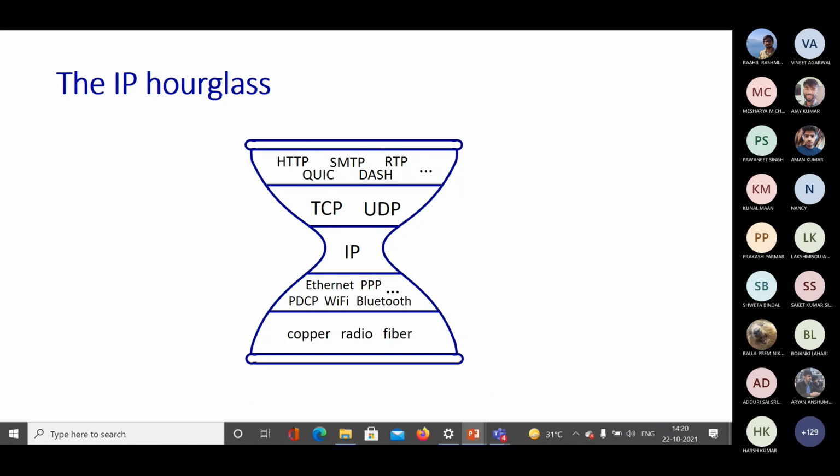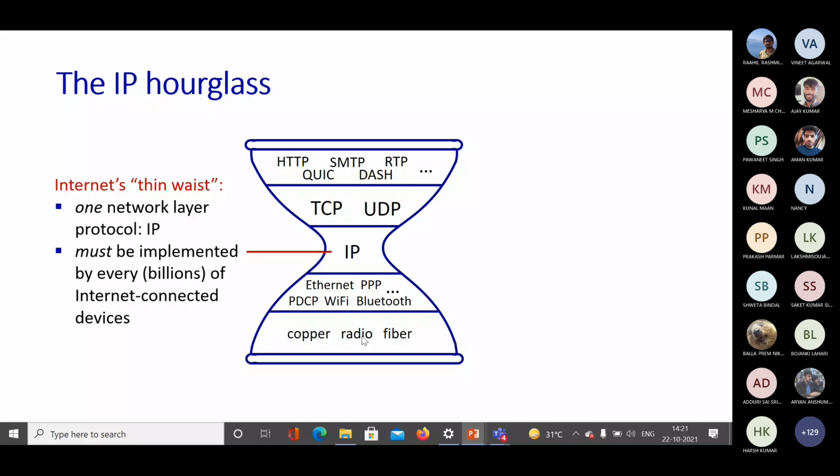So basically, what we are looking at here has been taken from a paper. Okay, so this is just a conceptual format of what happens in the network. If you see here, it is simply the layering: application layer, transport layer, network layer, functionalization, and then you have the link layer and physical layer. So this IP, this network layer is actually considered as the thin waist of the internet.